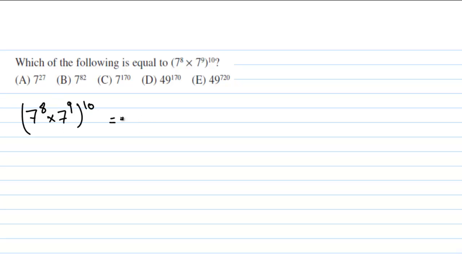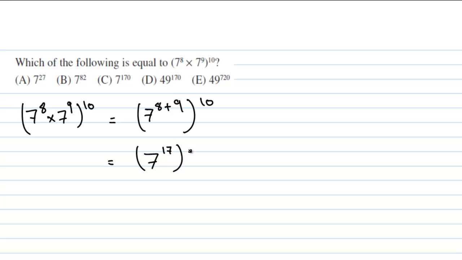We have 7 power 8 times 7 power 9. This is which rule? This is rule number 1, the first law, product of powers. It means I'm going to add the powers here, all to the power 10. Alright. 8 plus 9, 17.